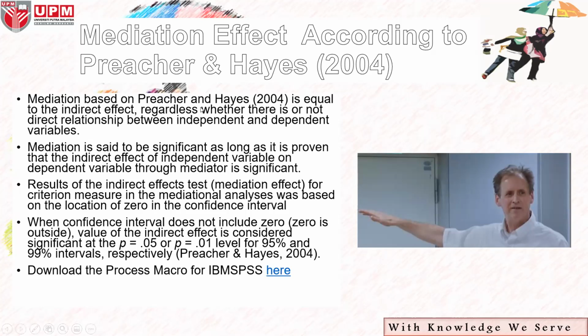Okay. Next one is mediation effect according to Preacher and Hayes. Ini yang saya sebenarnya compare between Barron and Kenny and Preacher and Hayes. I prefer to use Preacher and Hayes lah. Dia lagi senang and lagi logik. Okay, so mediation based on Preacher and Hayes is equal to the indirect effect. If you refer to the earlier explanation on mediation analysis according to Barron and Kenny, they made the differentiation between full mediation, partial mediation and indirect effect.